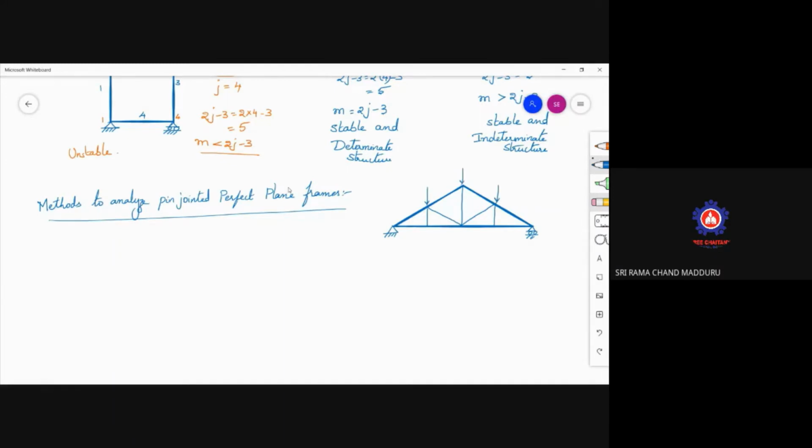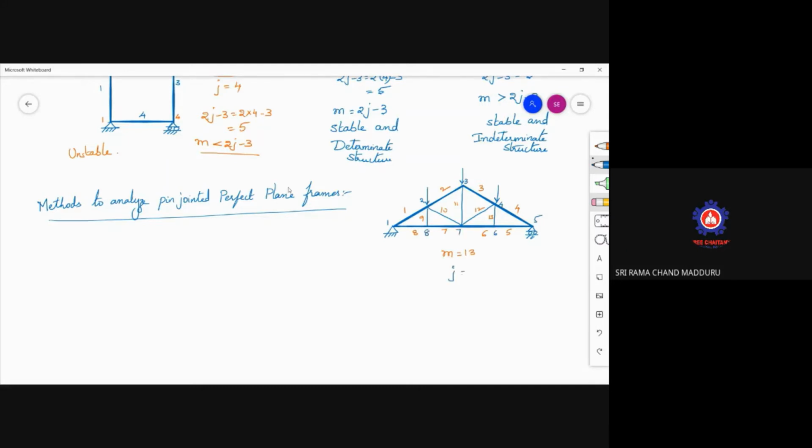Just tell me how many members are there in the structure. I'm counting the members: 1, 3, 4, 5, 6, 7, 9, 10, 11, 13. So total members are 13. Joints, how many joints are there? 1, 4, 7.